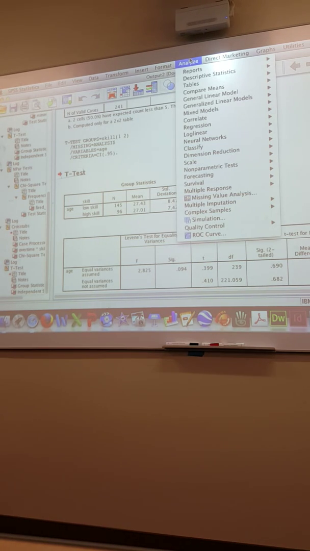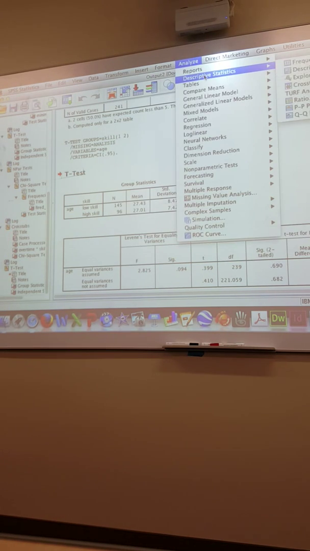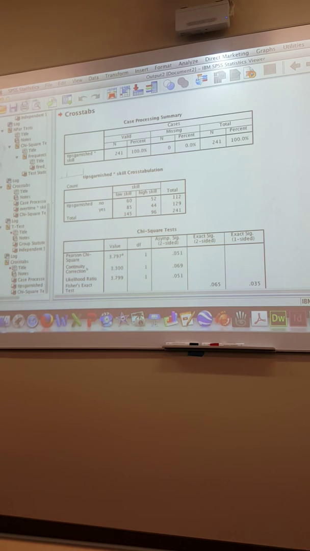All right, number 8. What kind of test is 8? Homogeneity. So skill is still the grouping variable. Tips garnished. What do you see?